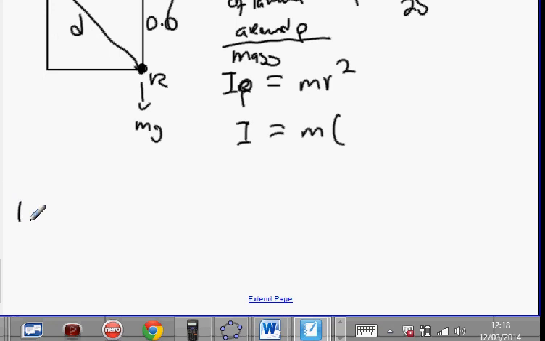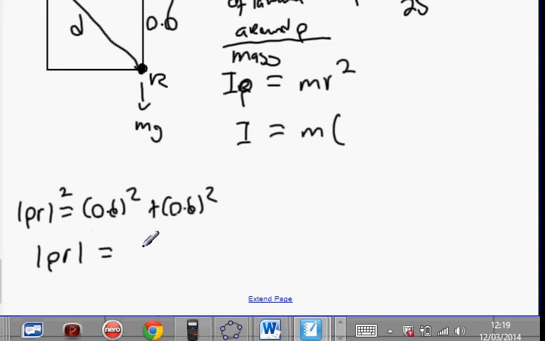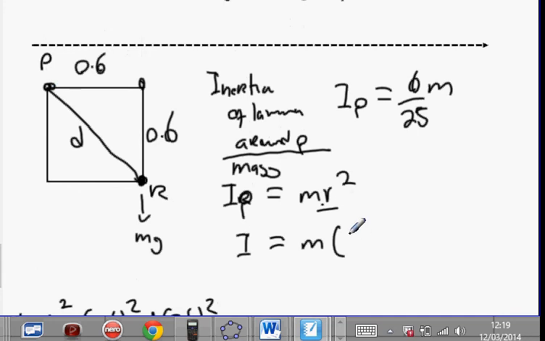PR squared equals 0.6 squared plus 0.6 squared, and PR squared ends up to be 18 over 25 when you put that into your calculator. So r squared, or PR squared, because this is the distance we're looking for, is 18 over 25. Okay? And that means I equals 18m over 25. Now that's the inertia of the mass around P.